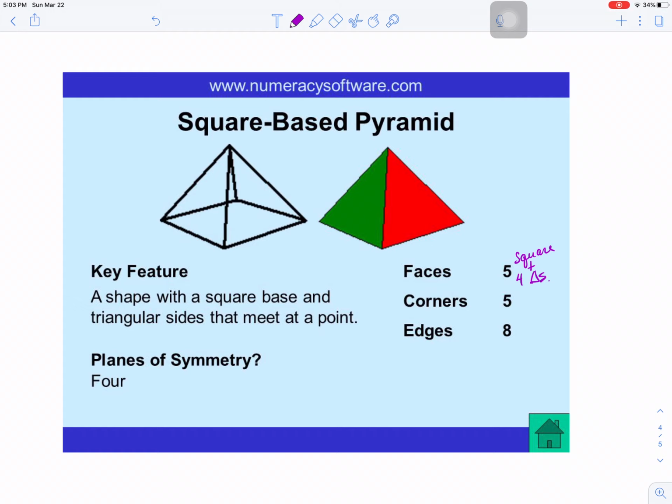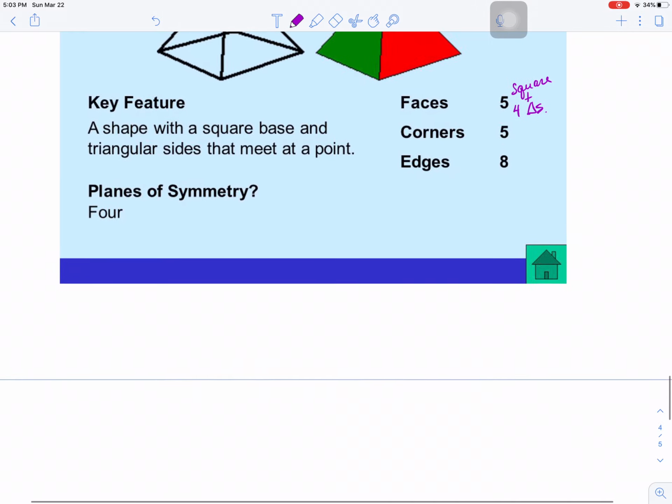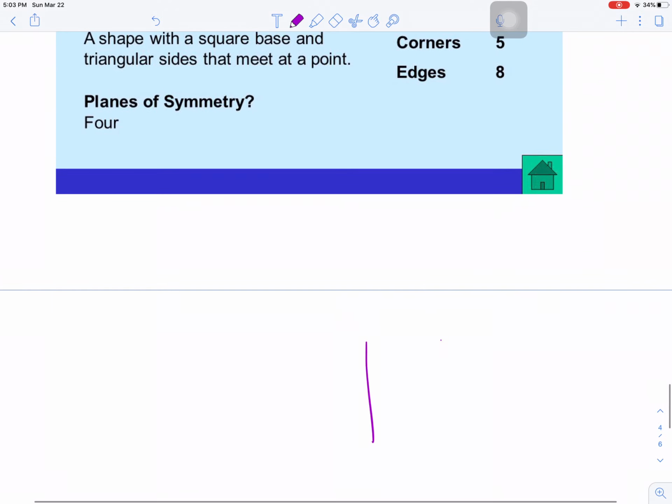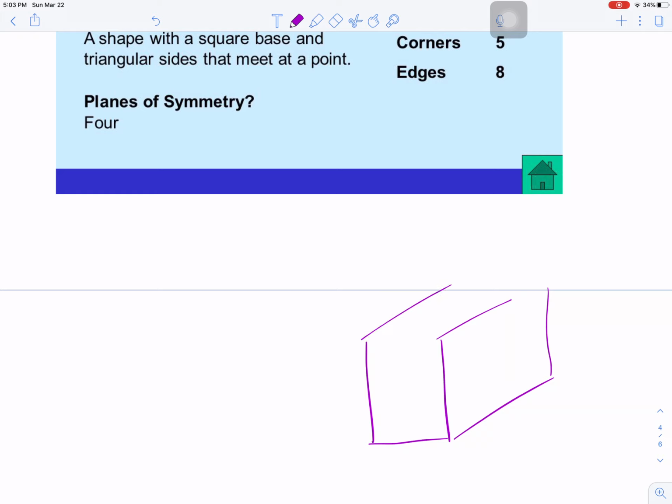Beware of figures that may not be just one solid. Okay? For example, my garage. My garage, it pretty much looks like a classic garage. And there's a roof on it like this. Okay?